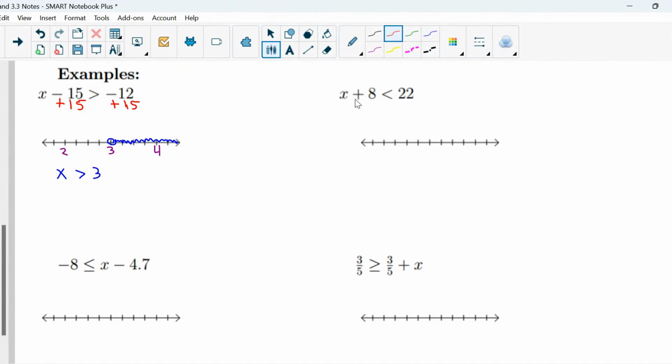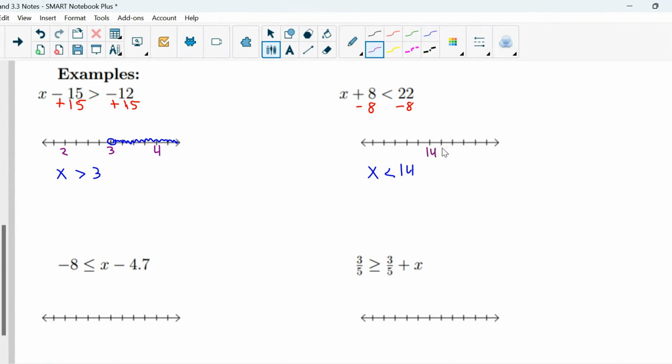Our second example here, we have x plus 8 is less than 22. Remember, when you are adding, our inverse operation is to subtract. This will leave us with x is less than 14. So let's go ahead and plot our points.